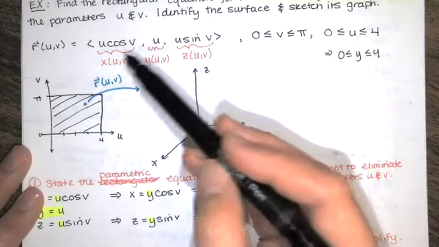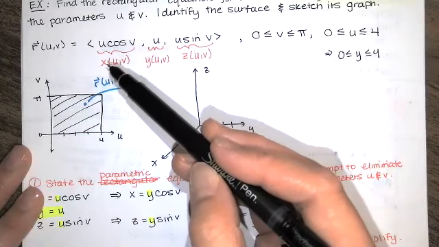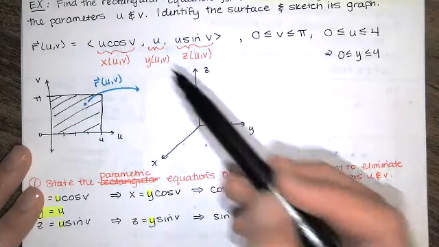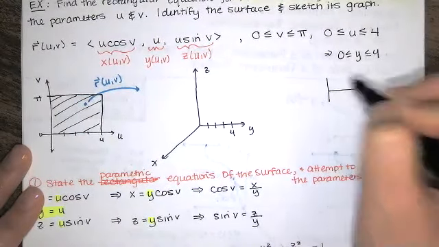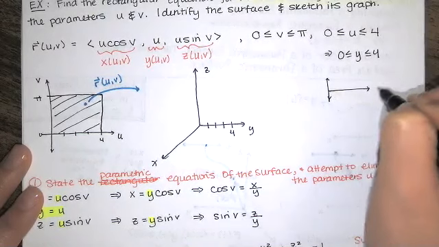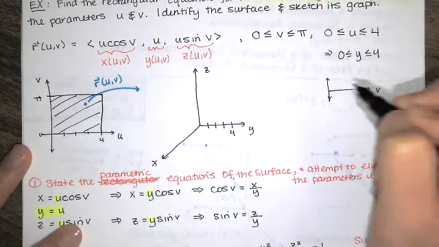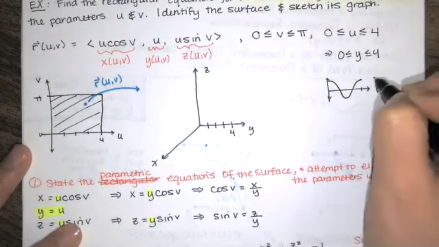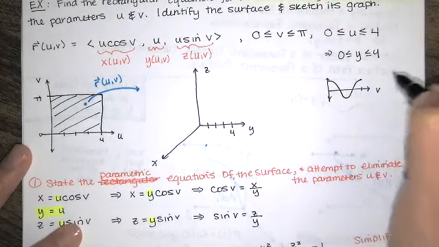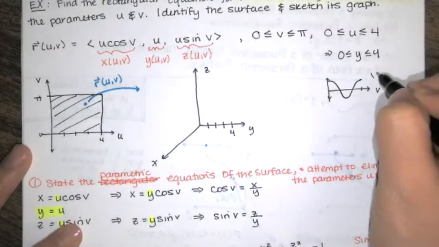So in order to figure out the range of values for x, I'm going to look at the cosine of V curve in another plane where there's the V axis. Here's cosine. That's what the cosine function looks like. I'm just going to write cosine of V.